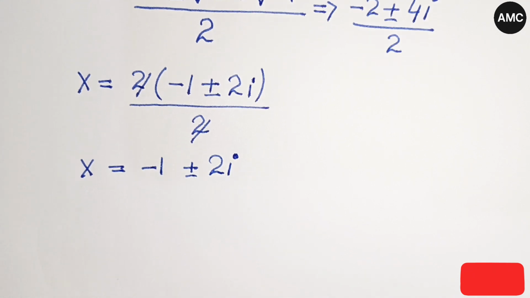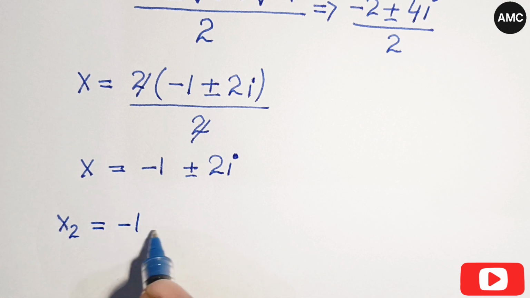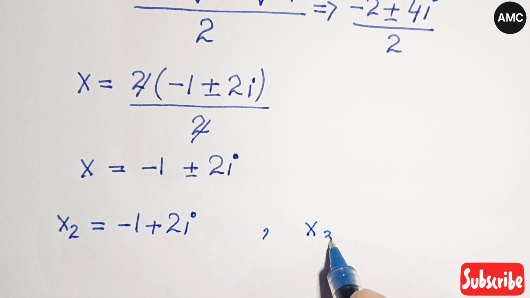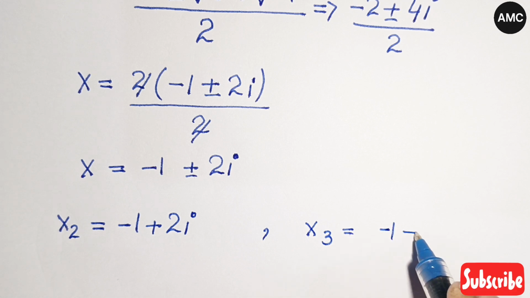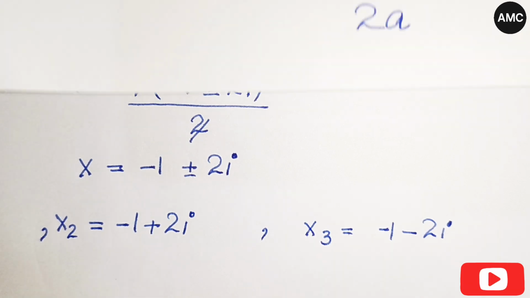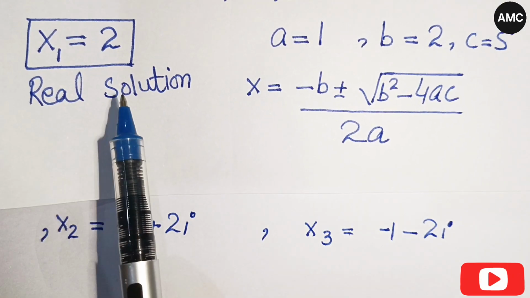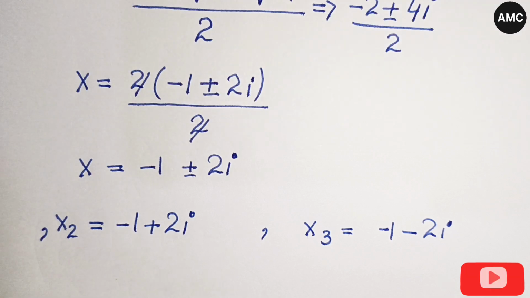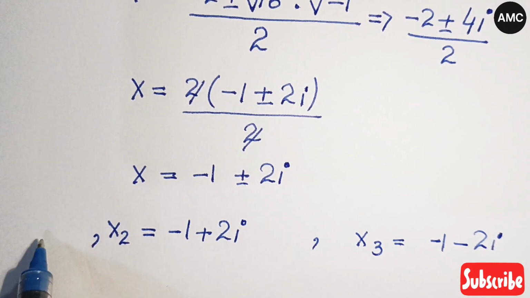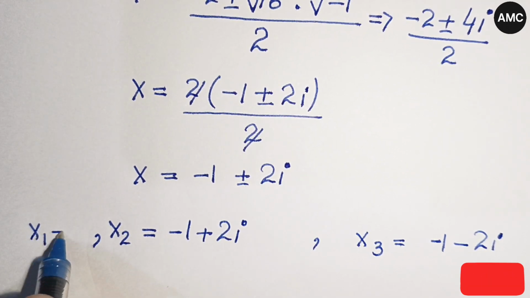So here our second value of x is x2 is equal to minus 1 plus 2i, and our third value is x3 is equal to minus 1 minus 2i. And also our first value of x, which is x1, is equal to 2.